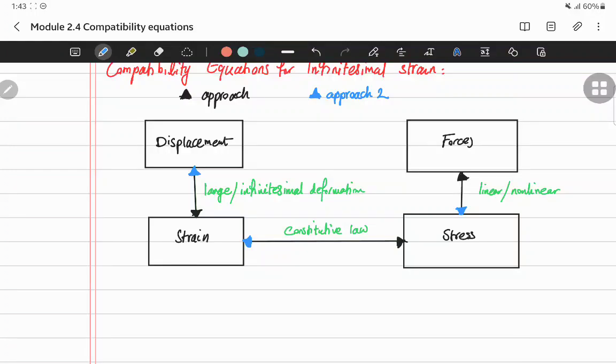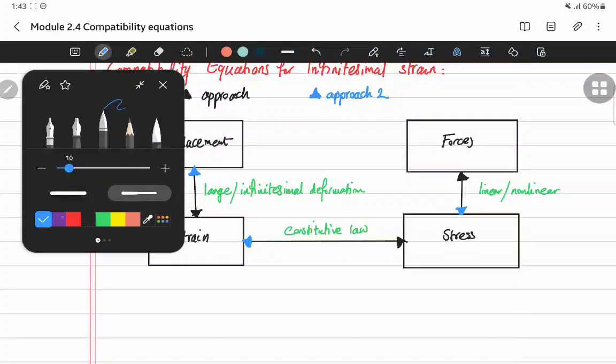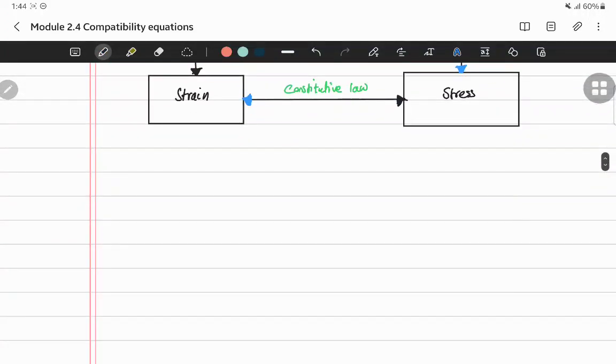However, in approach 2, we have to make sure that the final displacement we get represents a continuum, a continuous domain. So suppose you have a field like this.